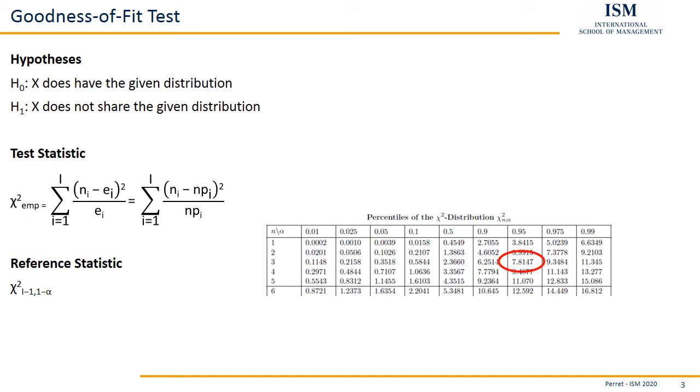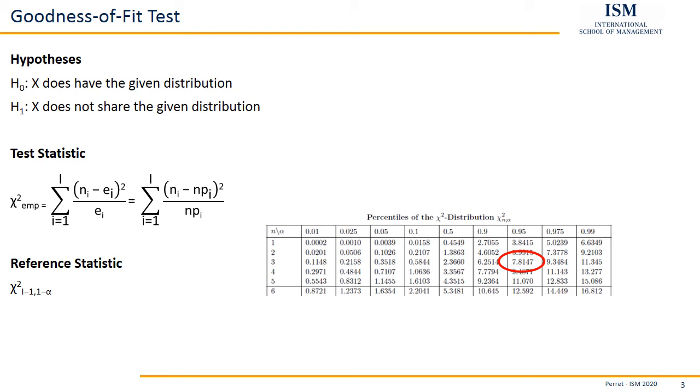So if I, for example, look for 4 categories, giving me 4 minus 1, 3 degrees of freedom, I look in the row for the 3, so the third row. Then I have an alpha of 5%, leading me to look in the column for 0.95.